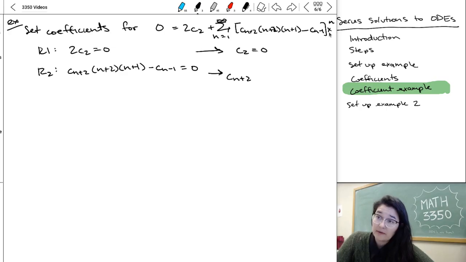I can go ahead and manipulate it to solve for c_{n+2} in terms of c_{n-1}. Just move everything over to the other side except for c_{n+2}. So I get c_{n-1} divided by (n+2) times (n+1).